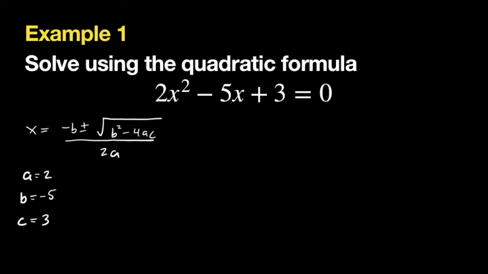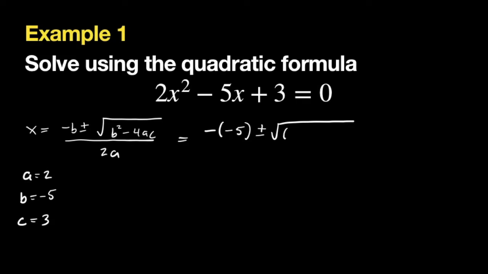So we're going to put it into our formula. That means that we're going to do negative b. So again, this is always going to be negative. We have negative, and our b is also negative, so I'm going to put negative 5 in parentheses to make sure that we don't get our signs mixed up. And then we're going to do positive and negative, so plus or minus the square root of b squared.